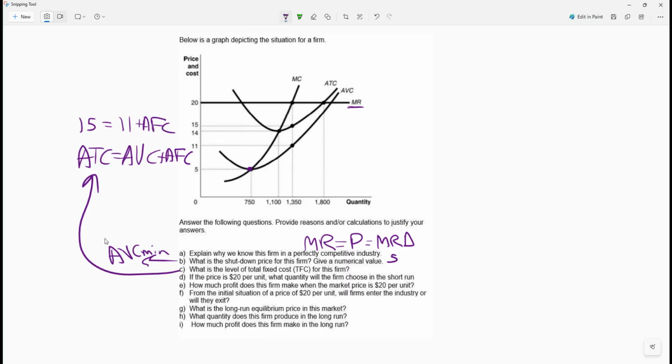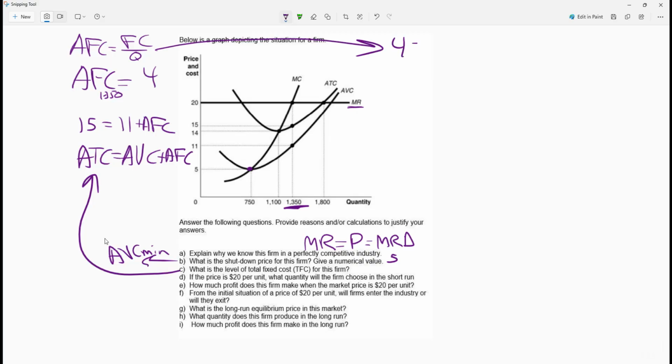So when the quantity is 1,350, the average fixed cost for that is 4. I also know that average fixed cost is equal to the fixed cost over the quantity. So I know a couple of these things. I know that this is 4, and I know this is 1,350. I have run out of room over here, so I'm going to draw it over here.